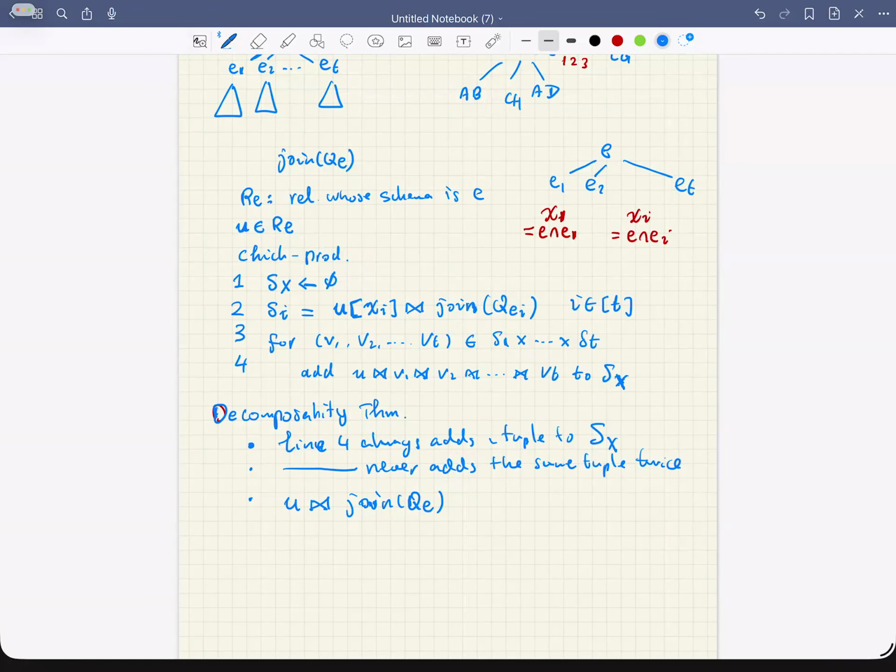If I say U natural join with this, then I'm asking what are the tuples in the result of this subjoin that are relevant to you, that are contributed to by this U. This is precisely this Cartesian product.